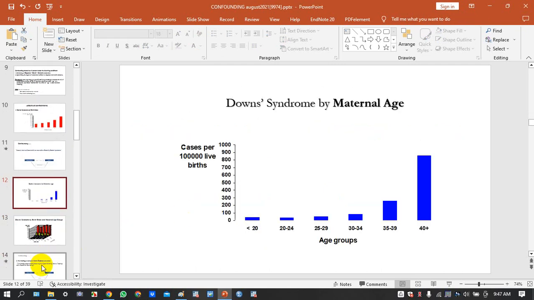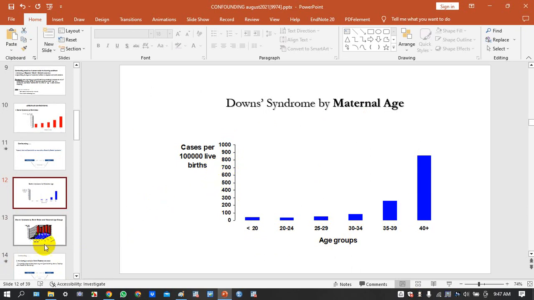So let's see. When we stratified Down syndrome using different age groups, less than 20, 20 to 24, 25 to 29, 30 to 34, these are the risks of giving birth to a baby with Down syndrome, mentally retarded.